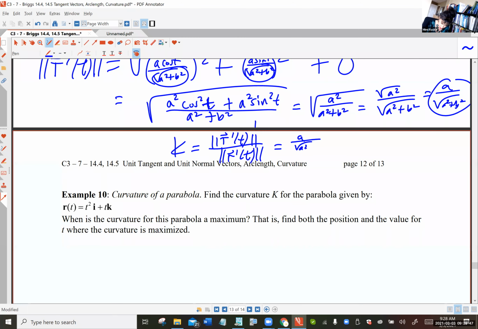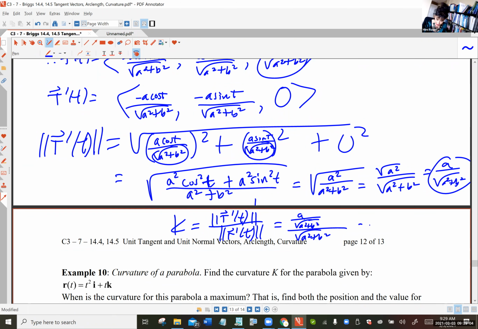And you're going to divide that by, what the heck was speed? I forget. Oh, here it is. The square root of a squared plus b squared. And then you can clean this mess up because I don't like fractions inside of fractions. After simplifying, by turning this division problem into a multiply problem, you'll get a over a squared plus b squared.